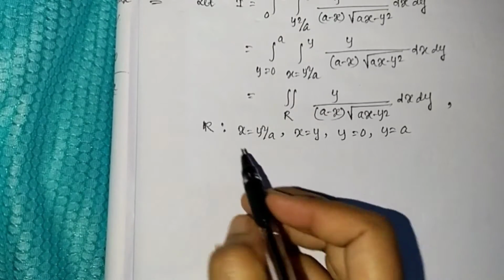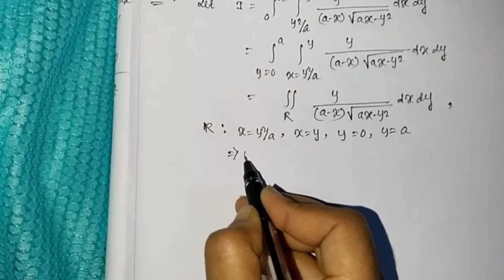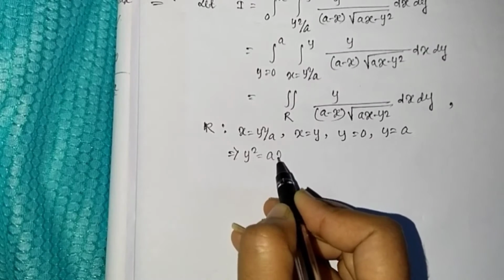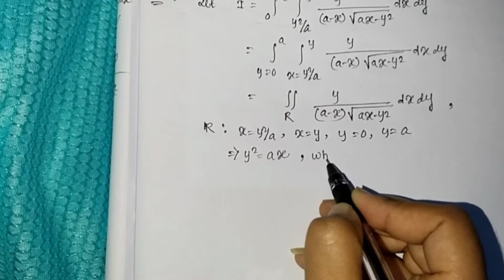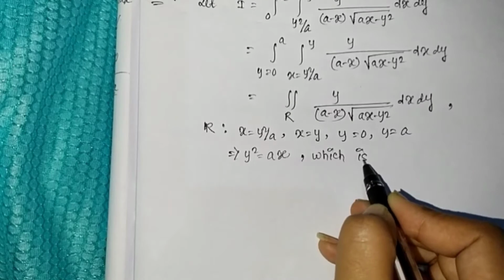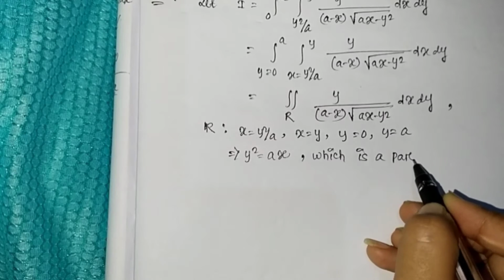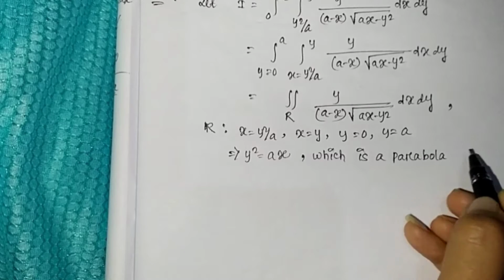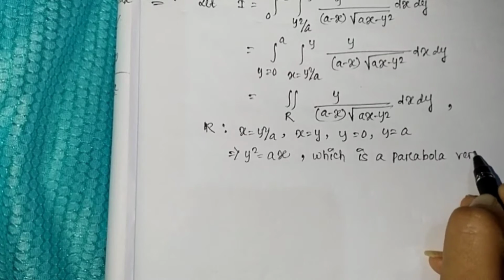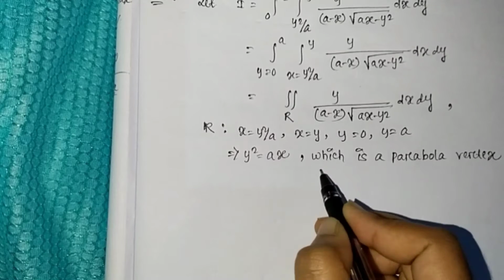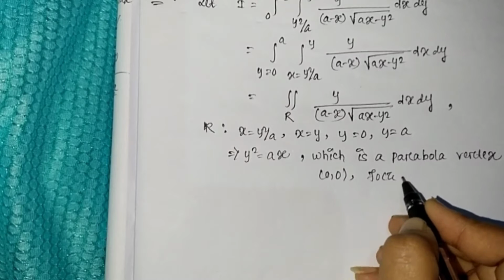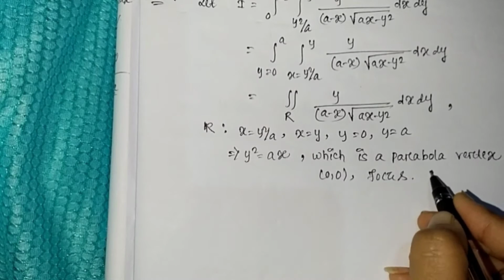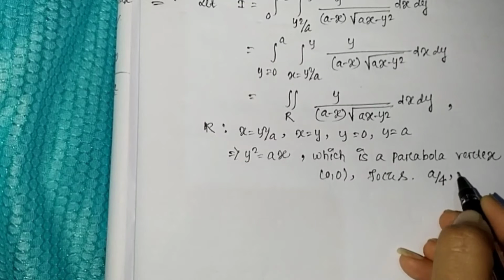First we see this region: y² equal to ax is a parabola having vertex at (0, 0), and focus at (a/4, 0).